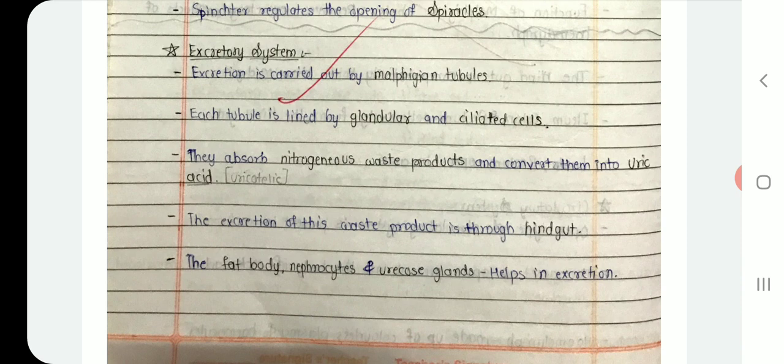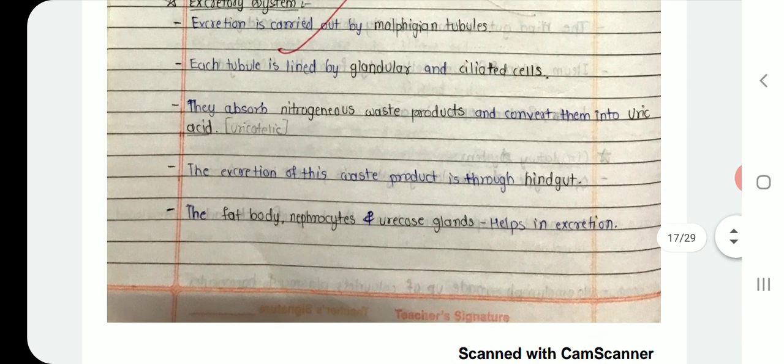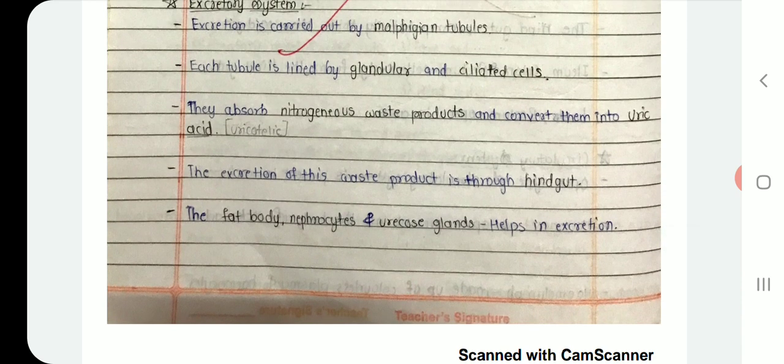Each tubule is lined by glandular and ciliated cells. That means glandular cells are specialized for secretion, and ciliated cells have cilia, right? Now they absorb nitrogenous waste products and convert them into uric acid.